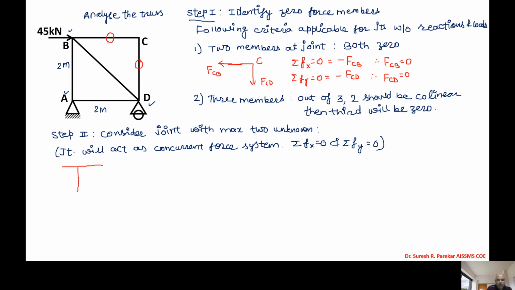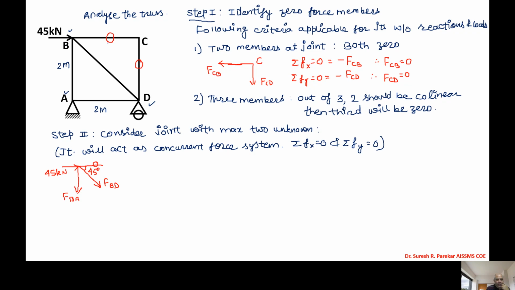So we have member FBD and member FBA, always considered tensile.